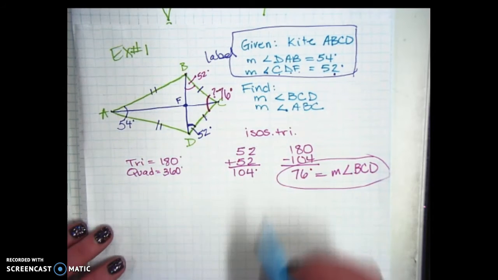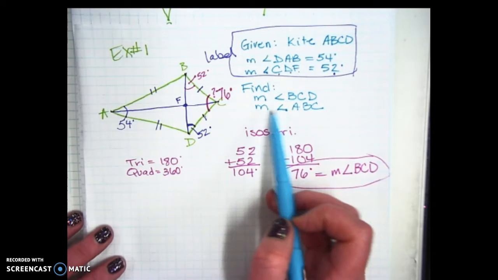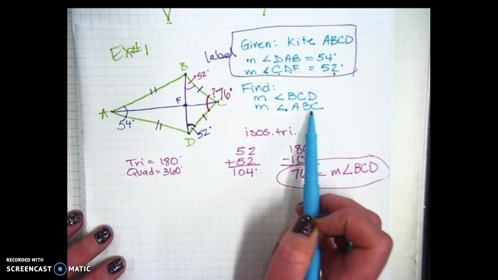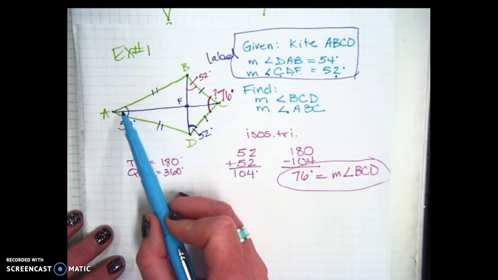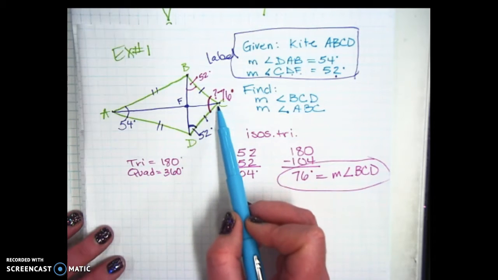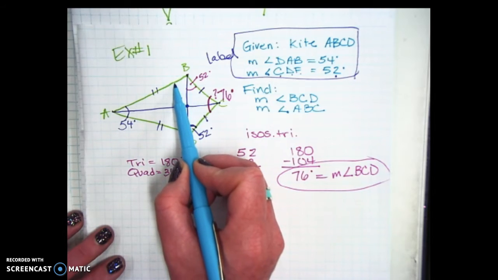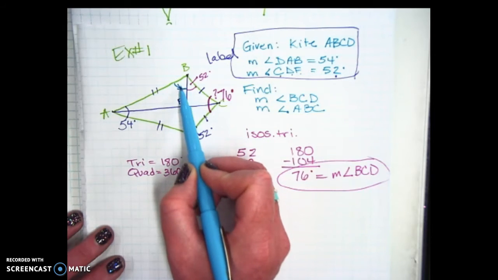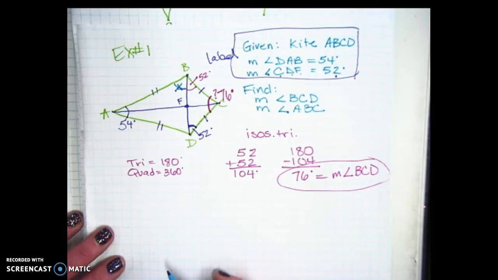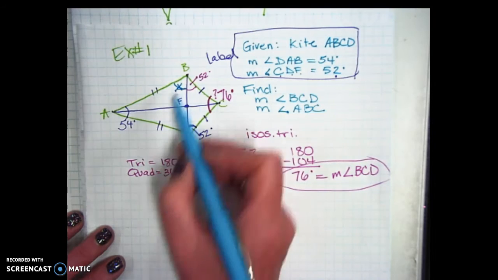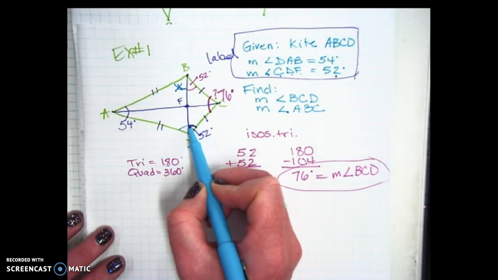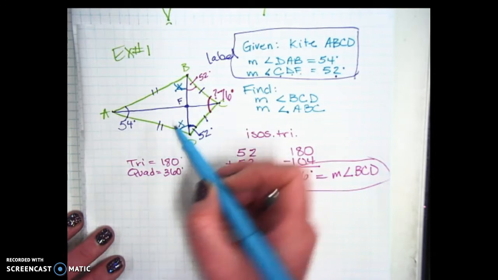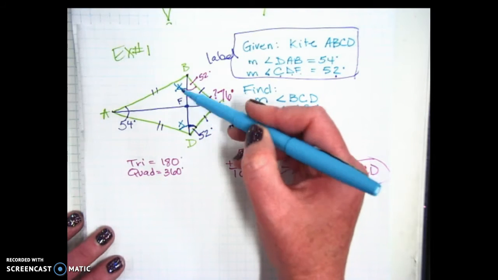Okay, now for the last part, we need the measure of angle ABC. So here's A, here's B, here's C. The only part we're missing is this part right here. So I'm going to put a little X right there. And if I come over to opposite it, this one is also X, right? Because those are going to be the same measure.